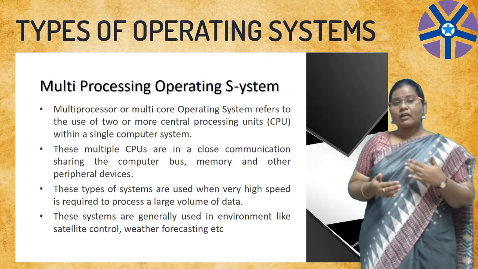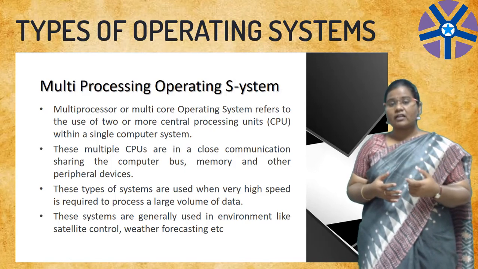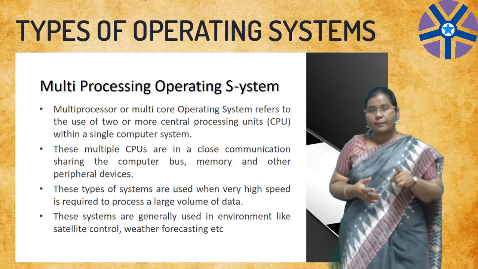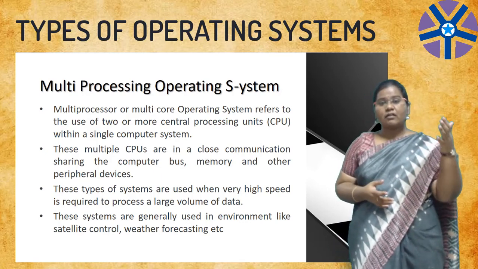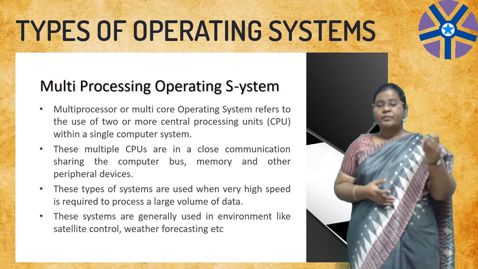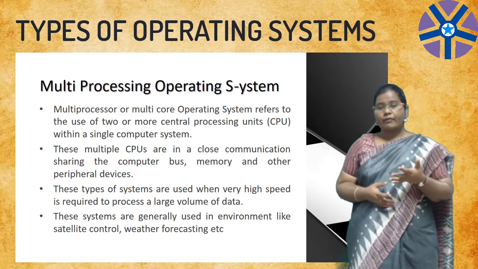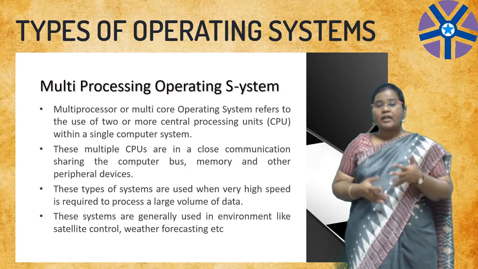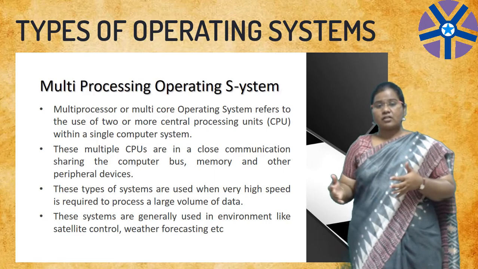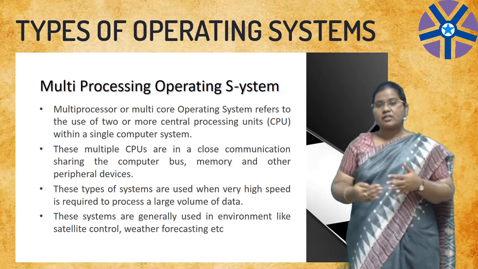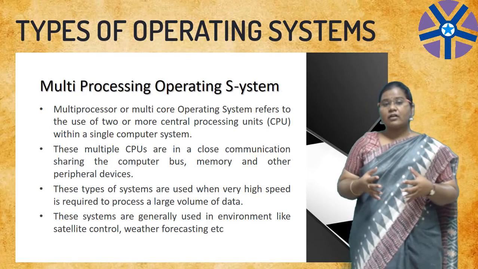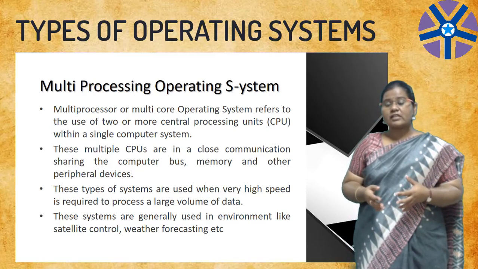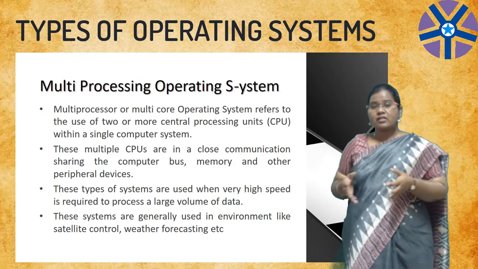So in multi-programming or multitasking, what we have done is share only one single CPU or processor among all the jobs which are present readily in the main memory. Whereas in this type of multi-processing operating system, there can be more than one processor, so if your system consists of two processors, then it is capable of executing two processes at a time.